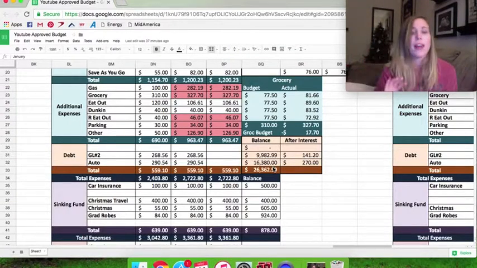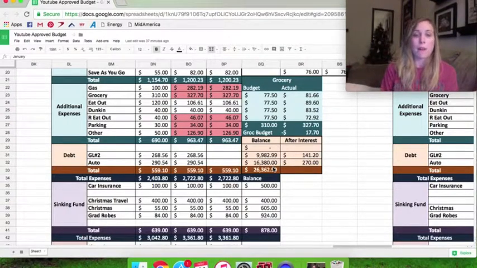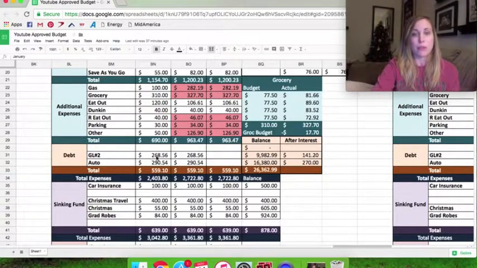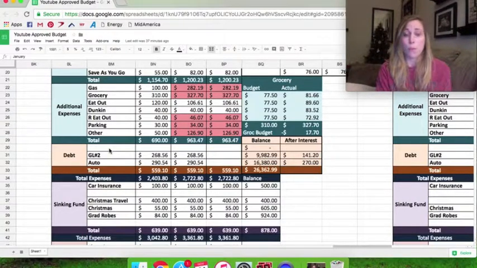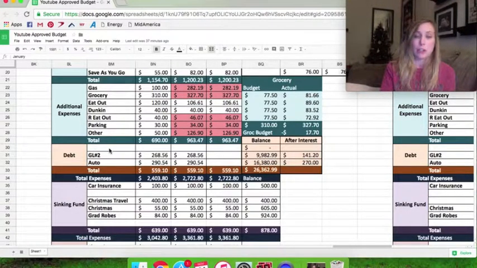But really quick, every month, like clockwork, the minimum payment pulled out of my education loan, which is this one right here, is $180. A few months back, I paid off my debt loan number 1. When I added together my loan 1 and loan 2, my education loans, it came out to me paying that company $268.56 a month.